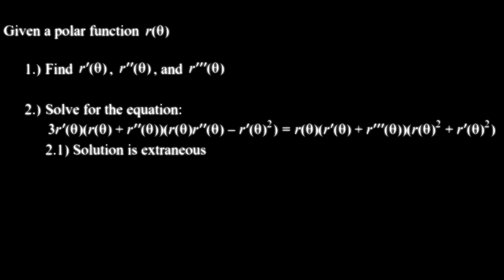Solution is extraneous if r theta squared minus r theta times r double prime theta plus 2r prime theta squared equals 0.